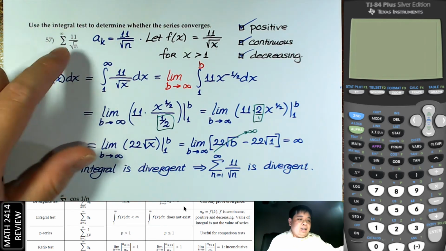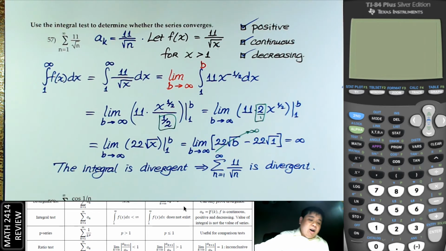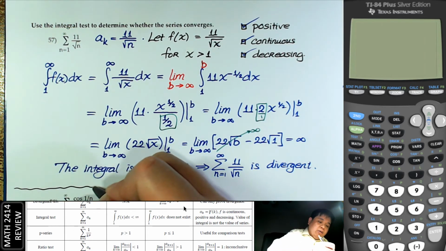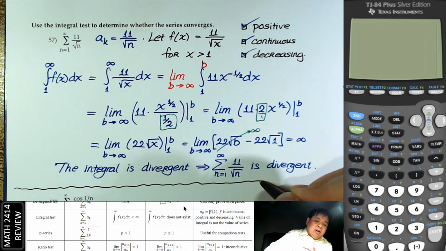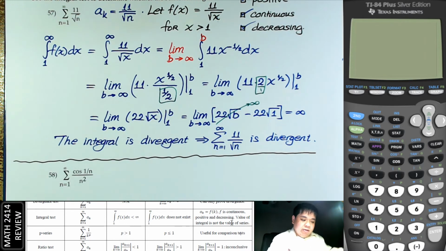So since the series is divergent, there's no sum for that. Even if the series is convergent, we can only tell that it is convergent. And note that the value of the integral is not the same as the value of the series, so that summation is not the same. But they behave the same in the sense that if one converges, so does the other. If one diverges, the other one will also diverge.